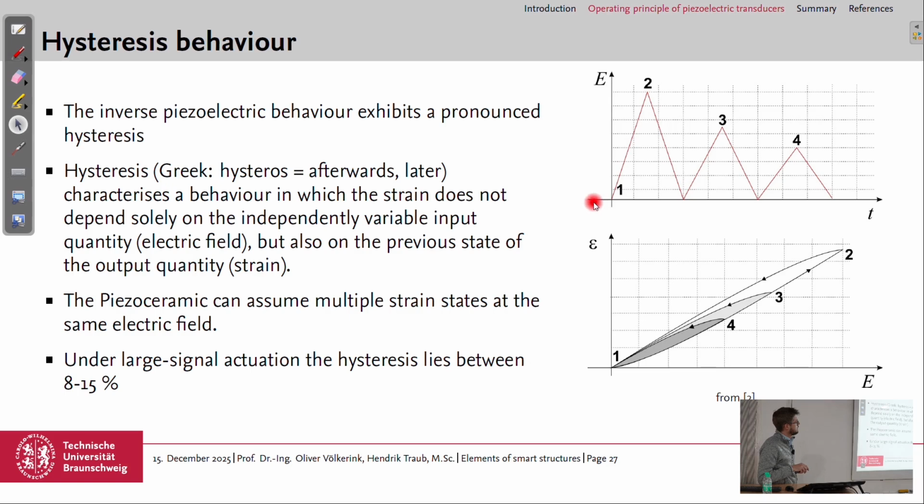And if we look at this example, so first the electric field is high, it's from 1 to 2, so we go here in this diagram from 1 up to 2.